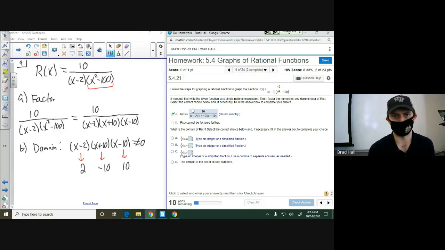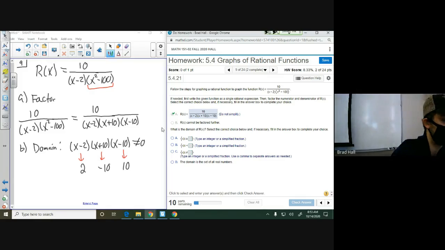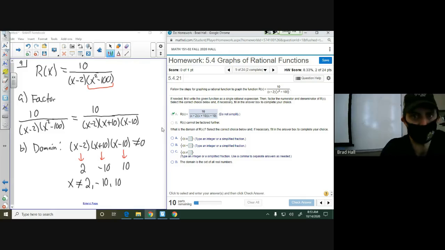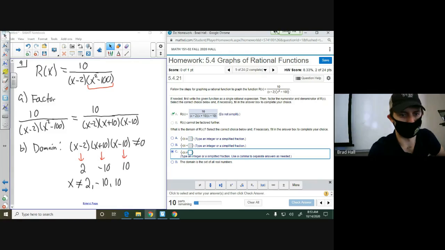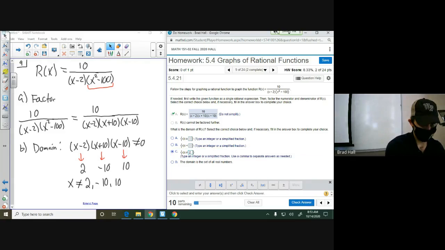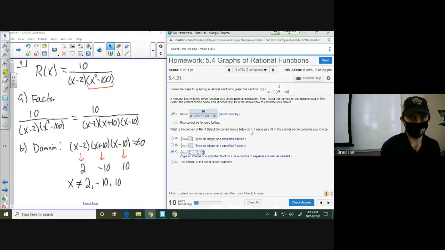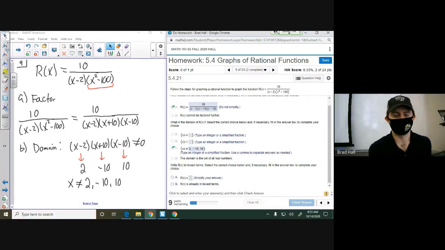That would represent our domain. Now those are three x values that x cannot equal, because we did have a not equal sign. So we are going to choose answer choice C, which has the not equal sign. So we can go ahead and jot those down.